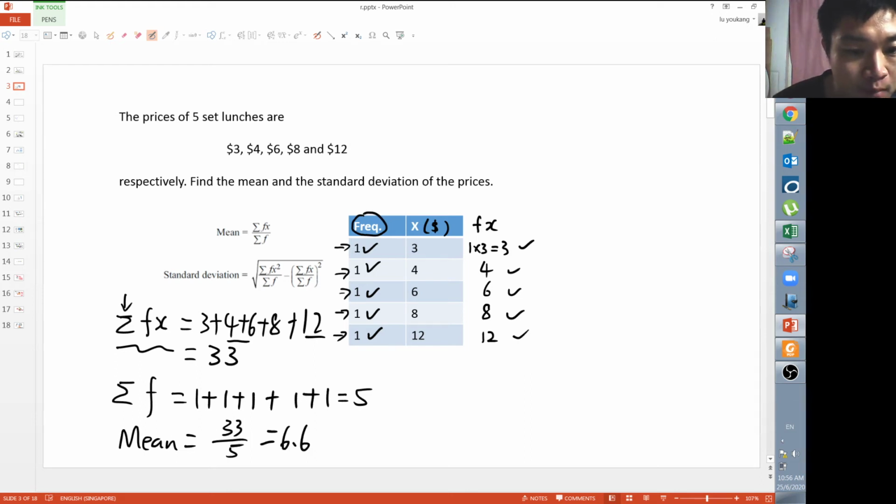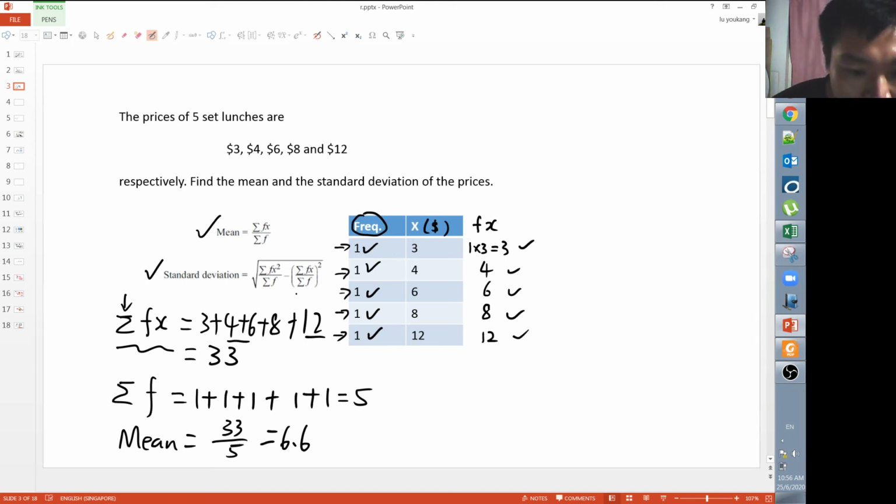Alright, so I have explained how you can make use of the mean formula to find the mean of this dataset. So let's continue to look at how we can find the standard deviation. The standard deviation formula looks even more daunting, right? More scary, right? But just follow with me.